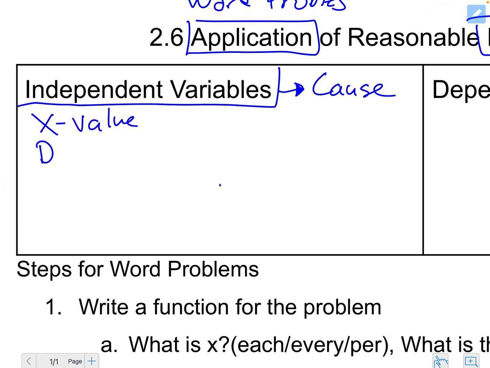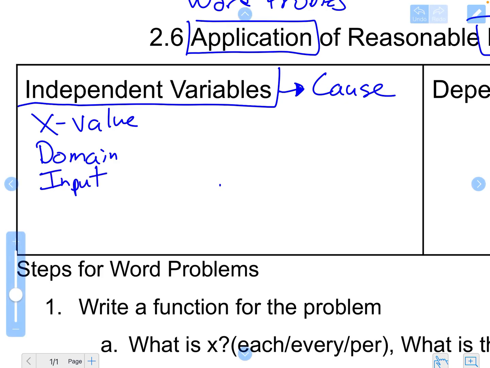They are our domain because we know that domain is x. And then finally, it's going to be our input. So sometimes they're going to talk about you need to input a number in for x, and then what is your outcome or what do you get once you put it in.